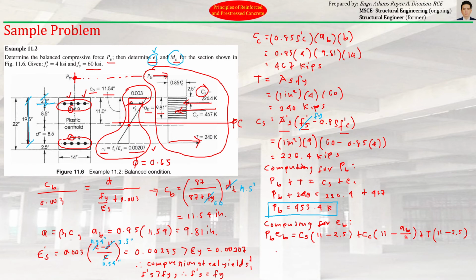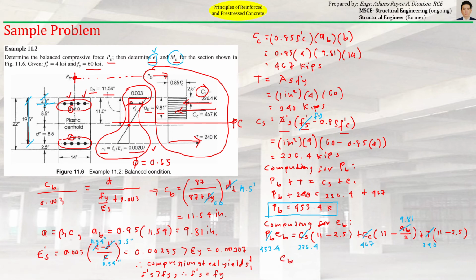Okay? So, substitute na lang natin yung mga corresponding values nila. PB is 453.4. CS 226.4. CC 467. Ang AB natin, na-compute na natin kanina, that is 9.81. Ang T, 240. So, ang unknown na lang diyan ay EB.